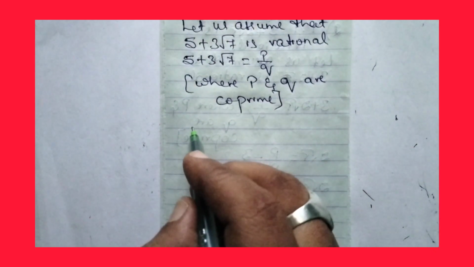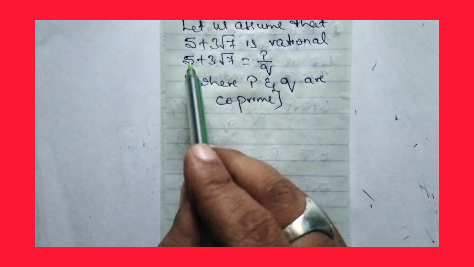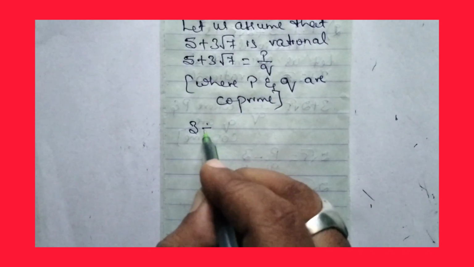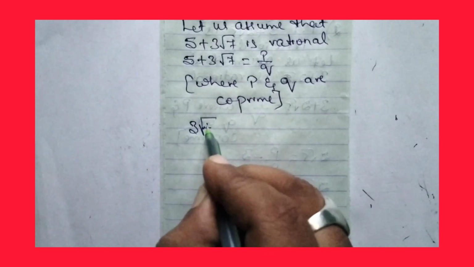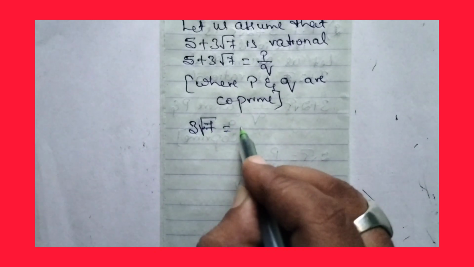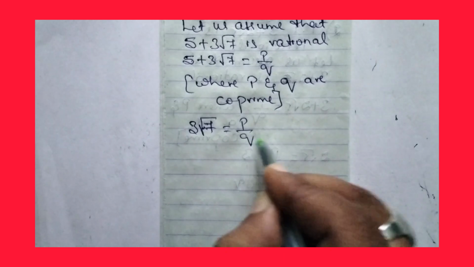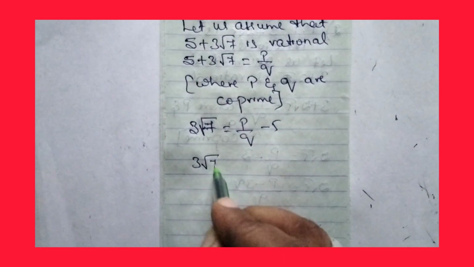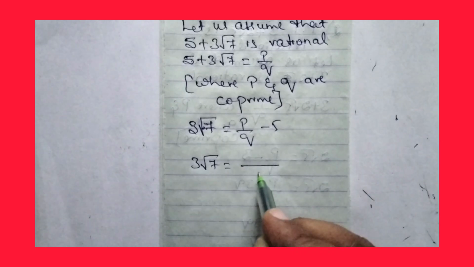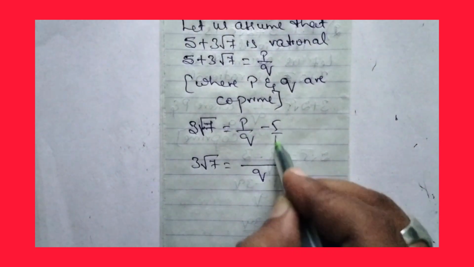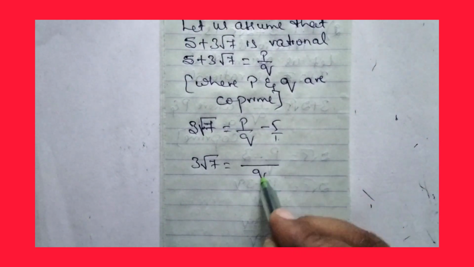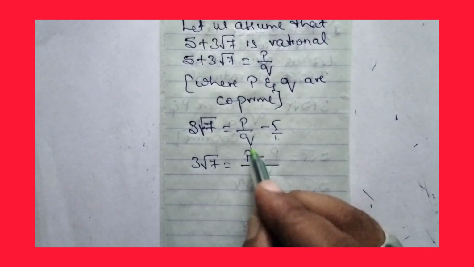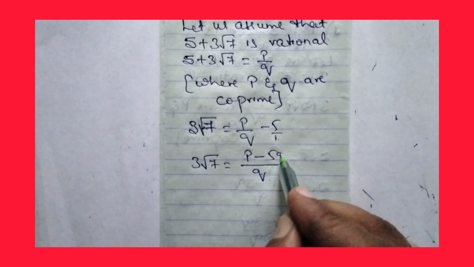So now in the next step, you shift plus 5 this side. So what it will become? 3 root 7 is equal to P by Q plus 5 become minus 5. So 3 root 7 is equal to, Q is the LCM for Q and 1, cross multiply, 1 into P is 1P, Q into 5 is 5Q.